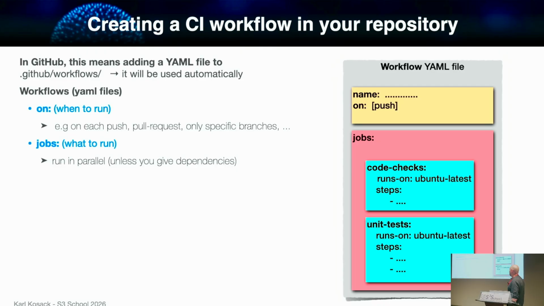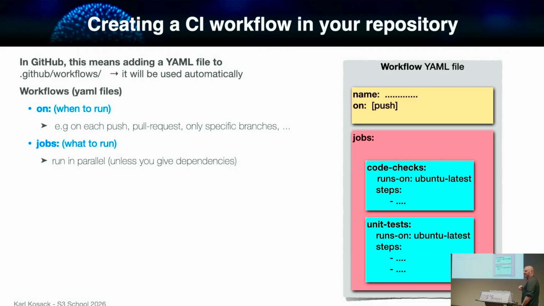This is actually a list, so you can have multiple if you want, but let's say you want it just to be on push. So that means every time you've made n commits locally, and you say git push, git push origin or whatever, or just git push, and it goes to GitHub, it'll start running the jobs instantly.